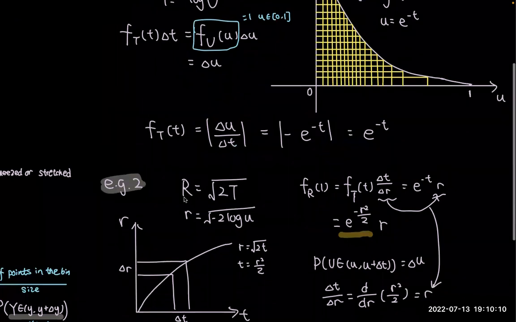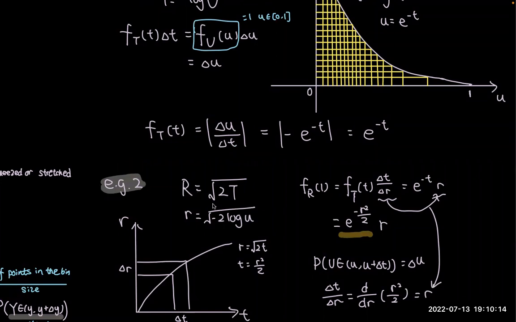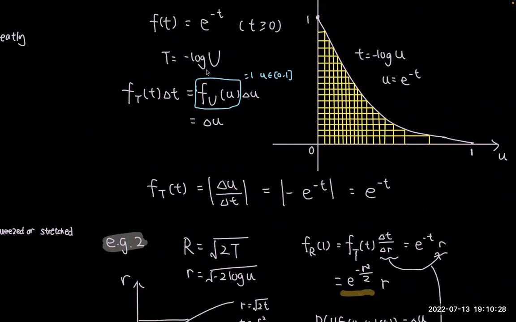And now let's assume that we have another transformation like R equal to the square root of 2T. T is always non-negative, so the square root of 2T is always defined, and we let R be the square root of 2T. Remember that T is generated from U by negative log U, right?